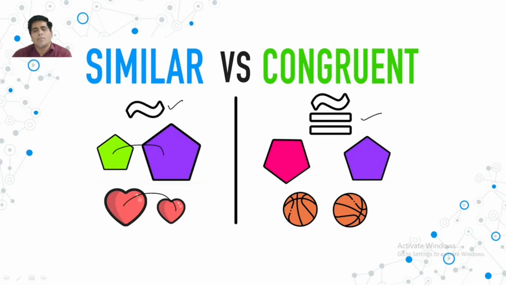Congruent means size and shape both are equal, both are the same. So I have shown two pentagons here of the same size, and two balls here with the same size and same shape. So this is about congruent figures and similar figures. By seeing only, we can identify similar and congruent figures easily, but if you go in depth, we have some conditions to talk about similarity. So we'll see that further.